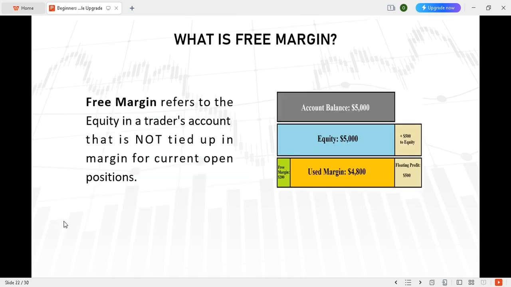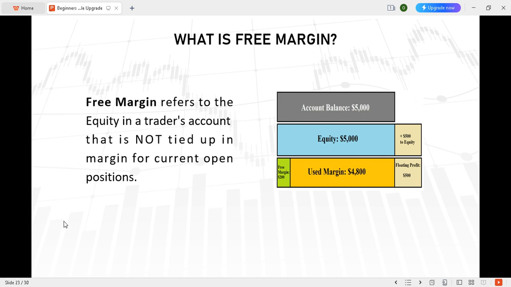And of course, like I rightly said, your free margin is simply what I clearly explained here. Free margin refers to the equity in a trader's account that is not tied up in margin for current open trades. So let's say, like I said, you have $5,000, you already used 4,800 to open some particular positions. Your free margin is $200.